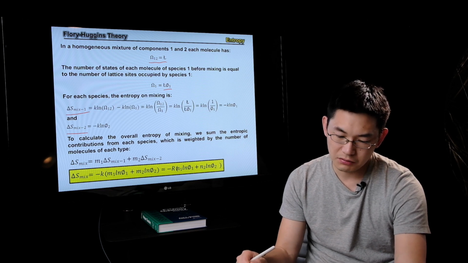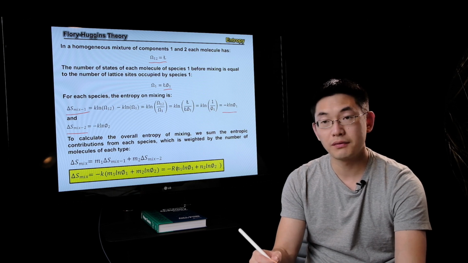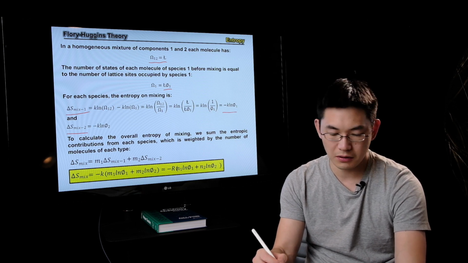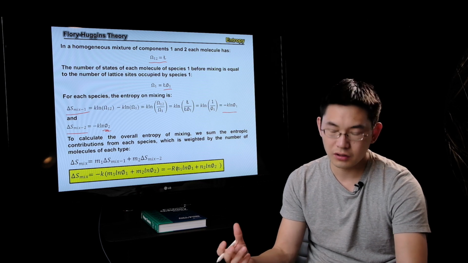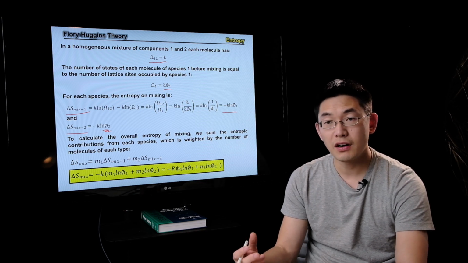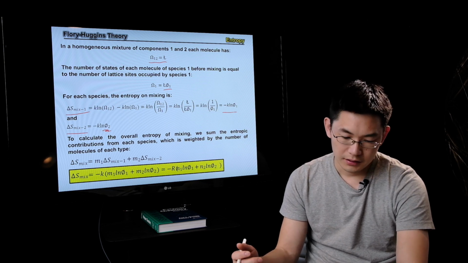We can simply reach the conclusion that delta S1 will equal the volume fraction phi 1, and delta S2 will equal the volume fraction phi 2. And phi 1, phi 2, we already mentioned, are volume fractions, okay?